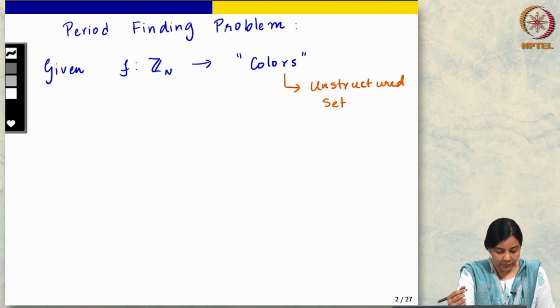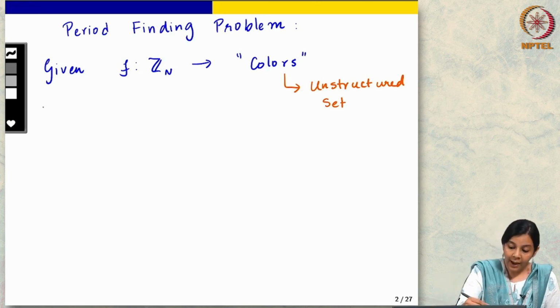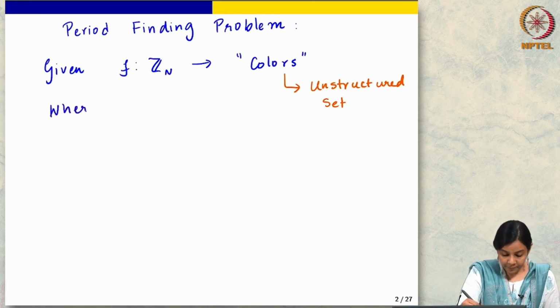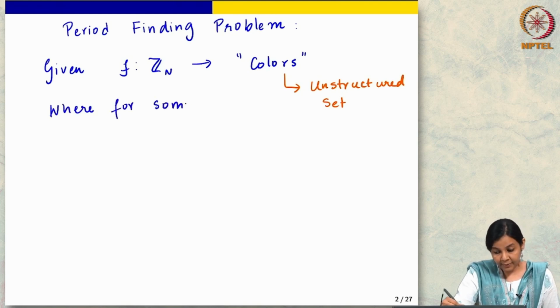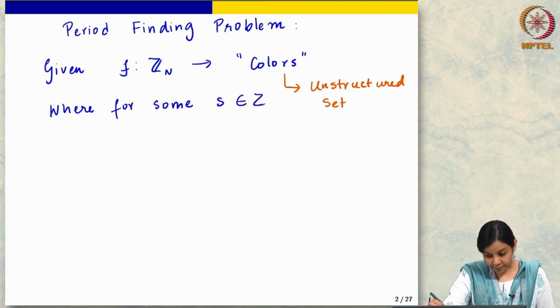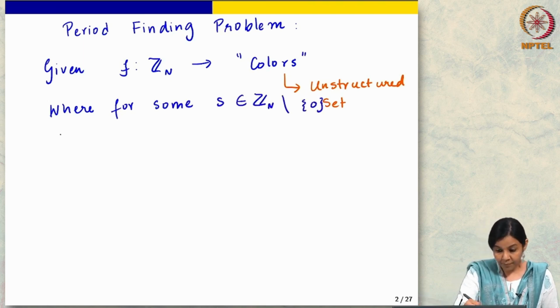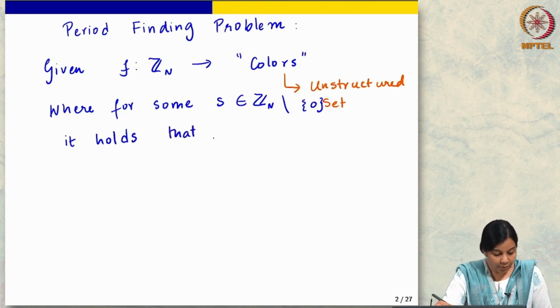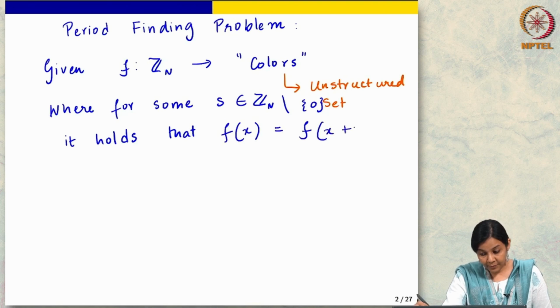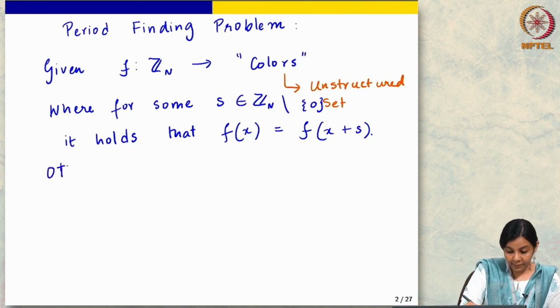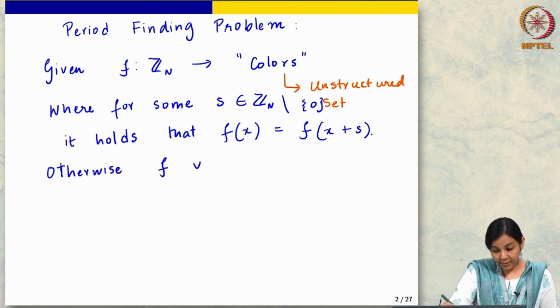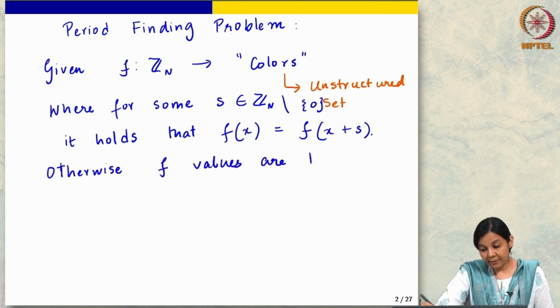I have oracle access to this function, and the promise is that the function is periodic. So, there is some non-zero s such that f(x) = f(x + s), and otherwise the f values are distinct.